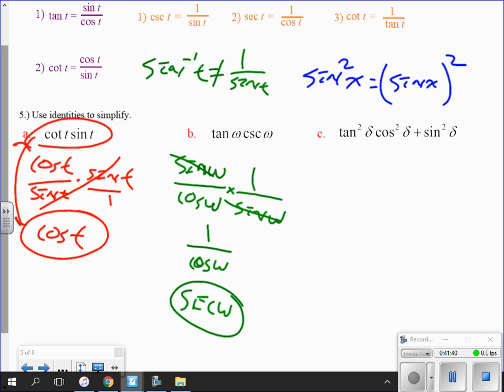Okay, remember, first thing I'm going to do is rewrite things that are not in terms of sine and cosine in terms of cosine and sine. So I have cosine squared, I have sine squared, I have tangent squared. Rewrite the tangent squared in terms of sine and cosine. Do that first. If the tangent is sine over cosine, tangent squared would be sine squared over cosine squared.